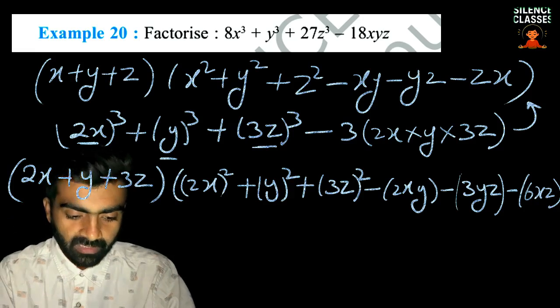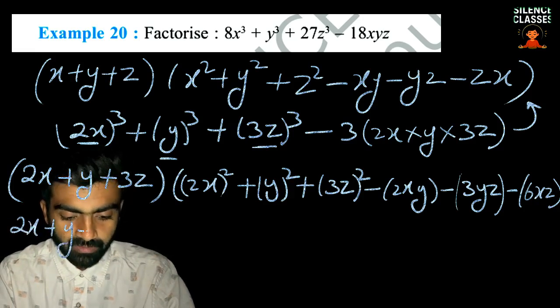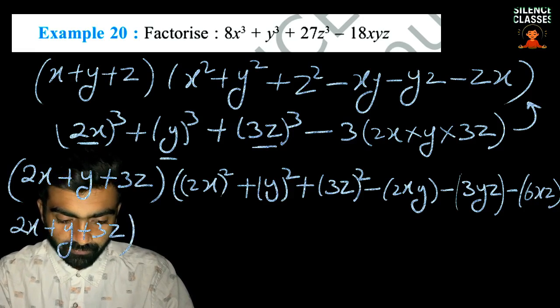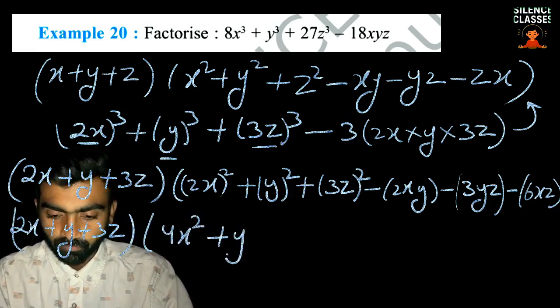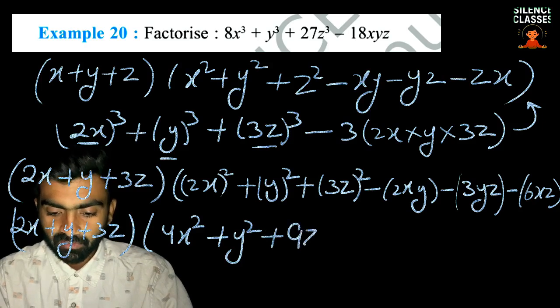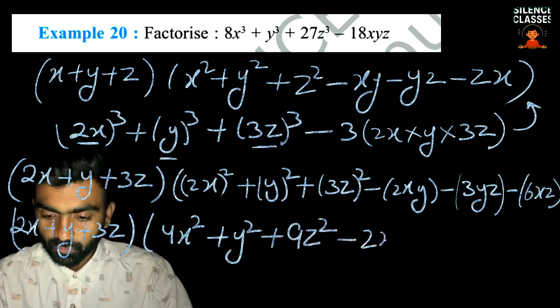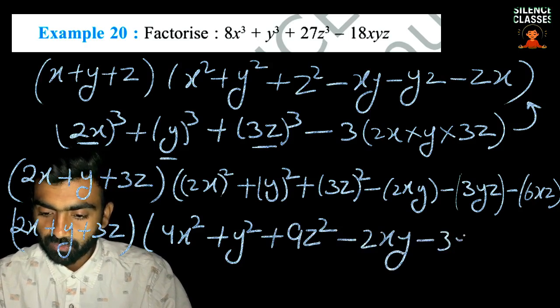We can open the bracket, we will get 2x plus y plus 3z times 4x square plus y square plus 3 times 3 is 9z square minus 2xy minus 3yz minus 6xz.